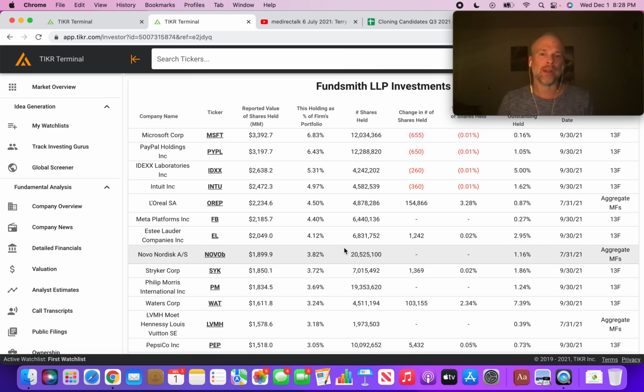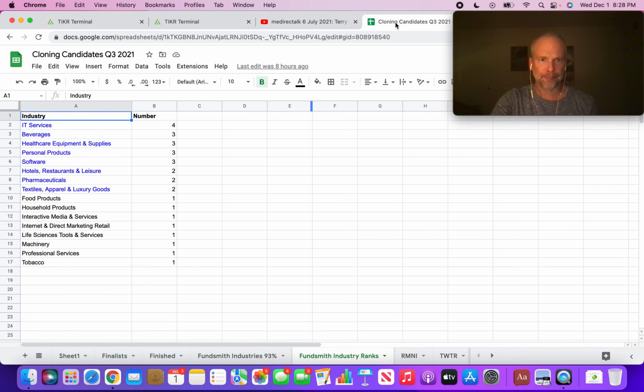And which industries have multiple companies representing that industry in the top 30 of the Fundsmith portfolio? So we can see that here. IT services had 4 in the top 30 for Fundsmith. And then you've got beverages, healthcare equipment and supplies, personal products, software. So I'm just going to use these 8 industries, according to TIKR Terminal, to run this Fundsmith screen.